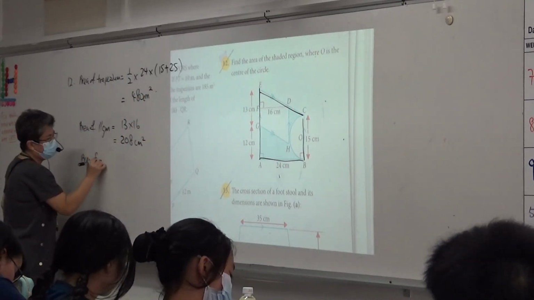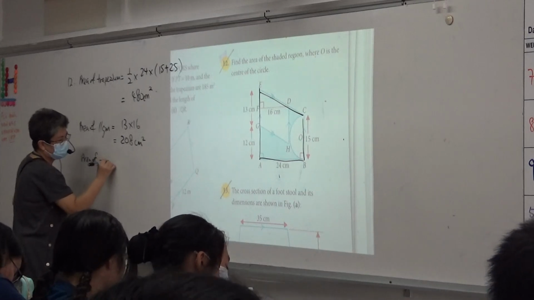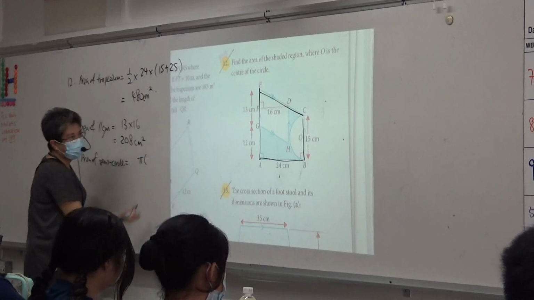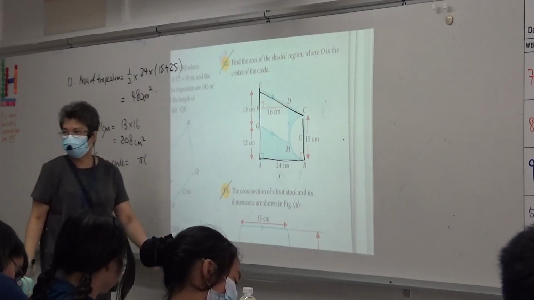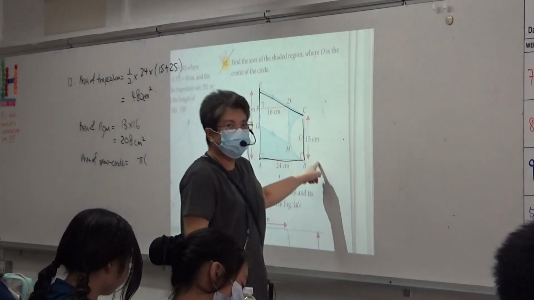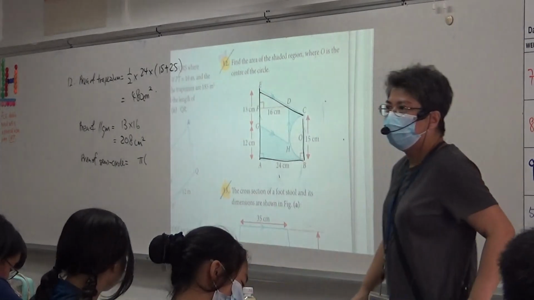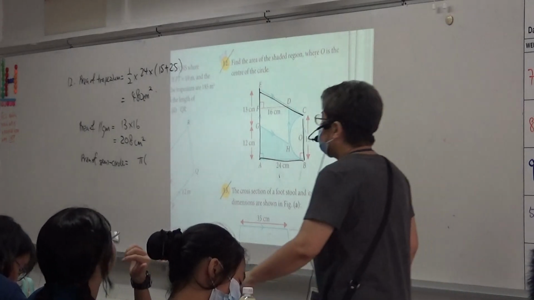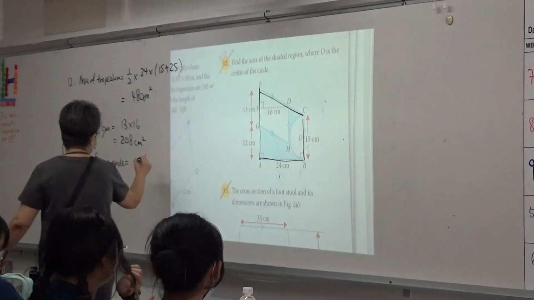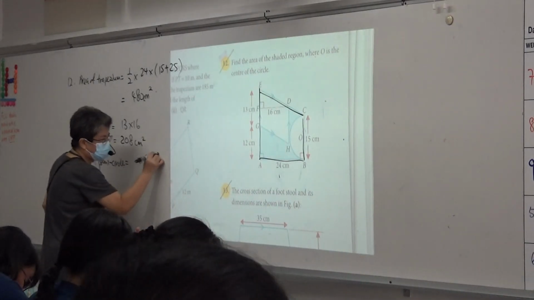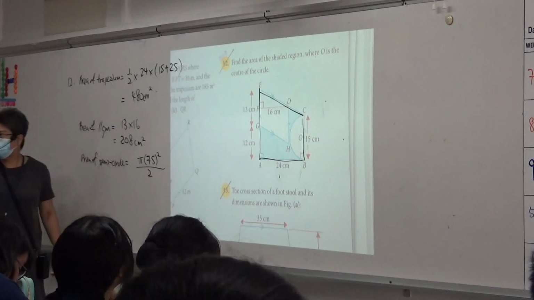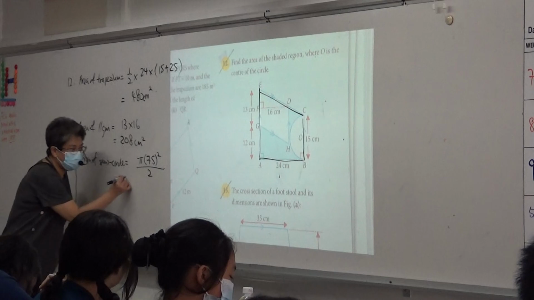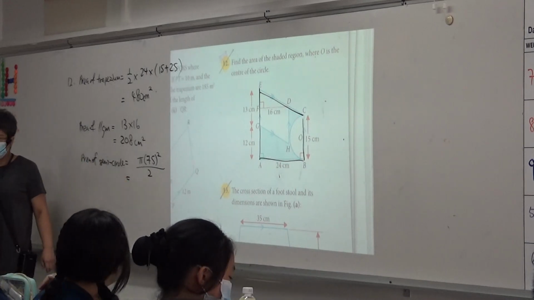Area of semicircle. Pi, what's the R? Can you tell me 15 represents what? Radius or diameter? Diameter. So what's the radius? 7.5. Pi R square. I must put my 2 right, because it's a semicircle. Okay, this one is not exact.